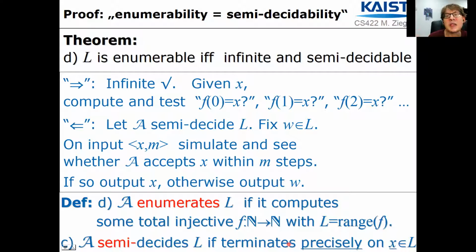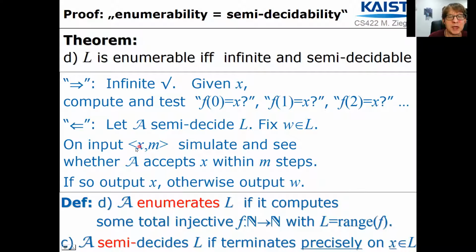We don't know how many steps, but whatever that number is, it will occur as the input M for some choice. So to every X in L, there exists an M such that the algorithm A accepts X within M steps. We don't know which M, but it exists.